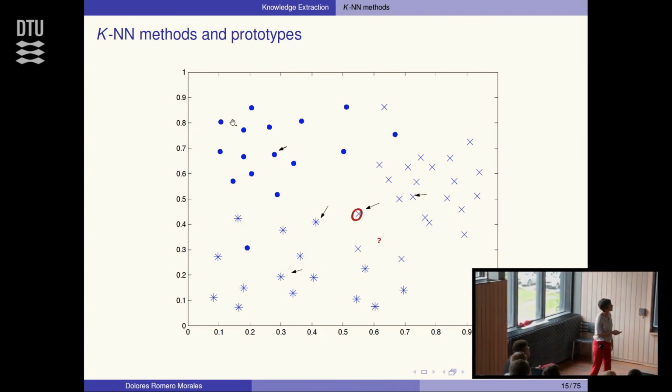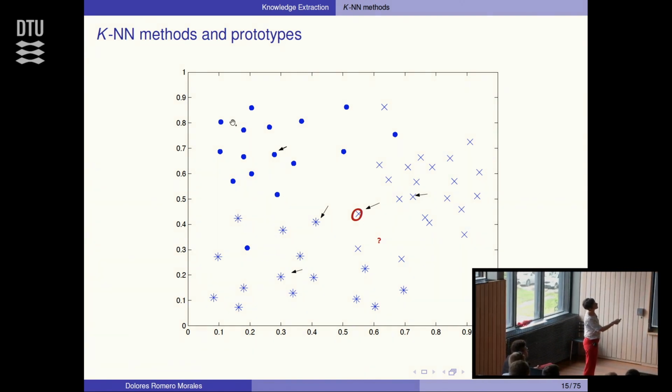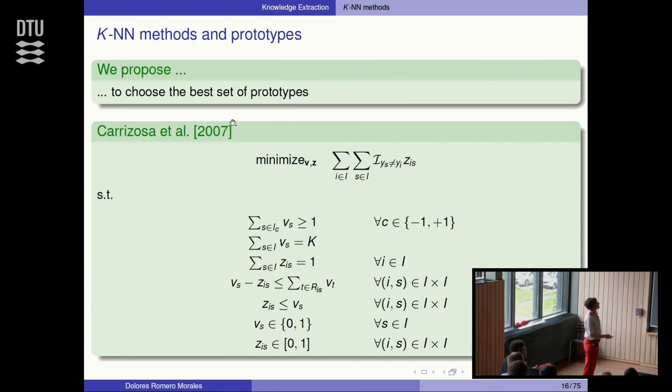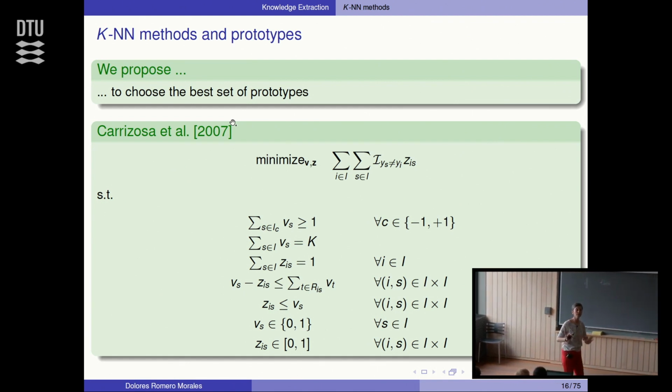So as I said, when I'm trying to classify this observation, I will look only at the prototypes and not at the rest. I'm not aiming today that you follow me in all my formulations.